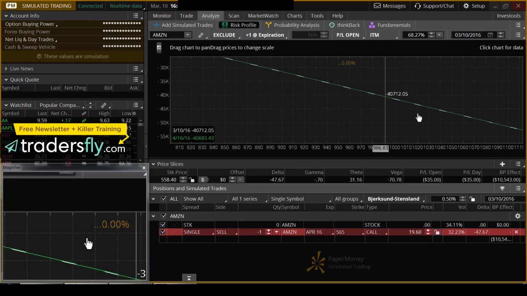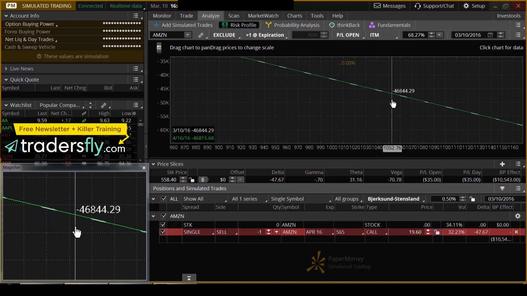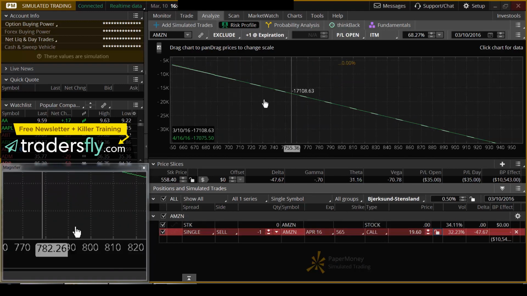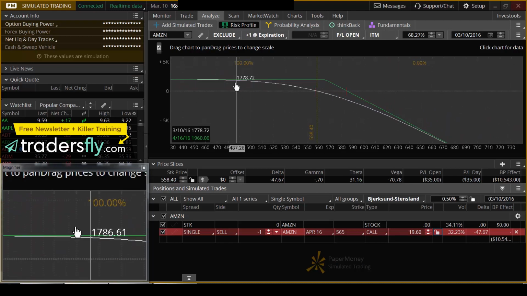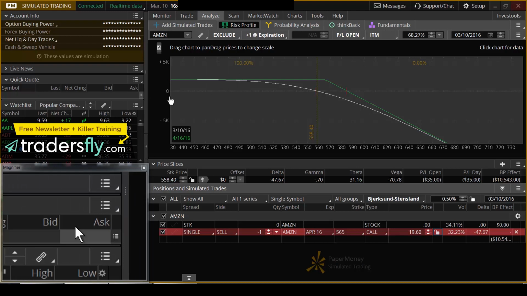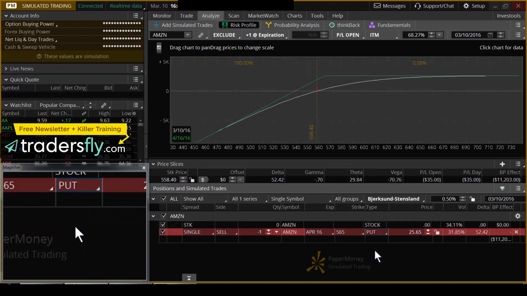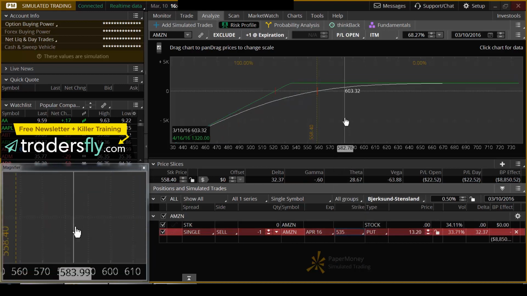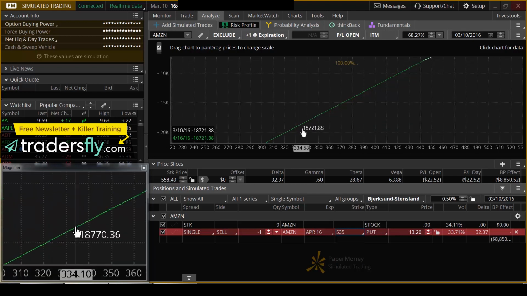But if Amazon goes to, let's say, $1,050, your loss is around $50,000. Now, you can do the same kind of scenario. If we sell a call, this position is set up for me to make money to the downside, or if it stands still. If I do a similar situation on a put, and I go to, let's say, 535, now I'm positioned to make money if that stock stands still or moves up. But again, my loss here could be dramatic.